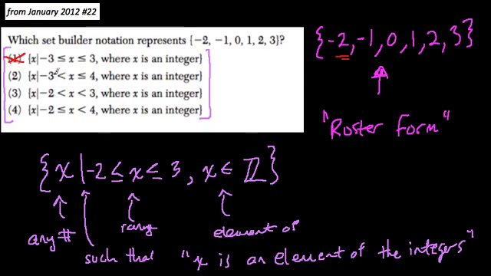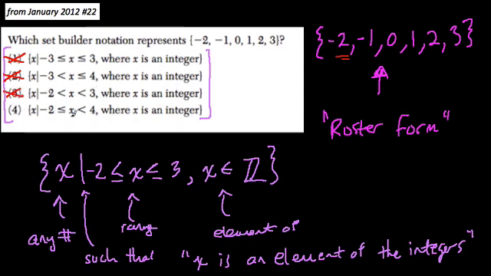This one's looking good, except it's bigger than -3 but less than or equal to 4. Well, that would also include 4, which we don't want here. In the next one, it's greater than -2 and less than 3, which is nice, except you should include -2 and you should include 3. So this is out. Now the answer should be choice 4.